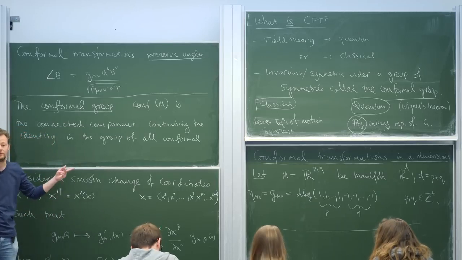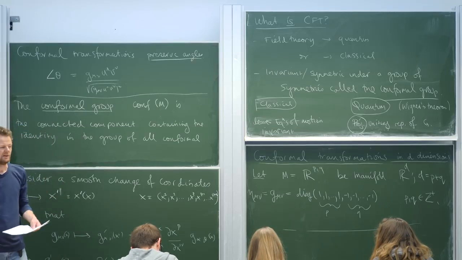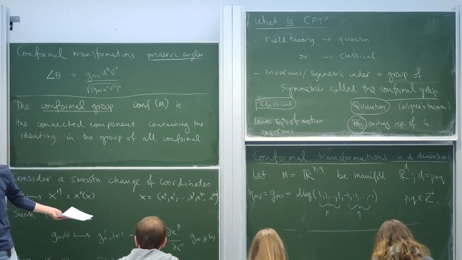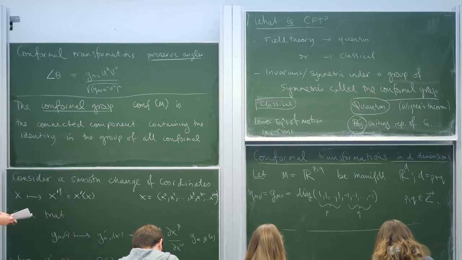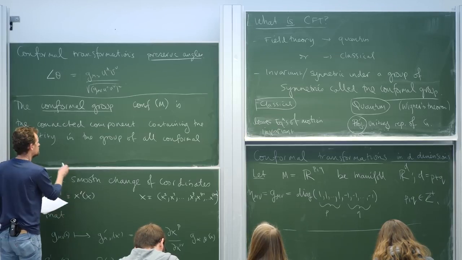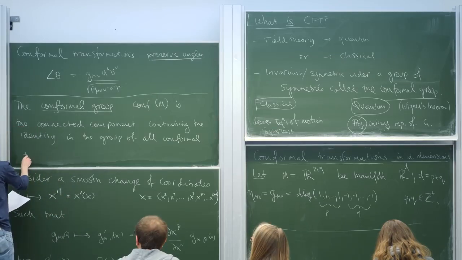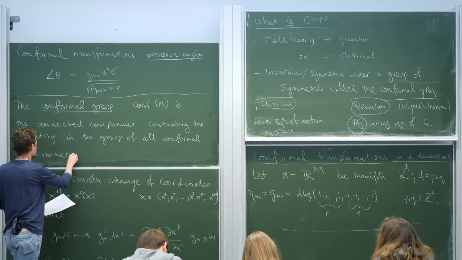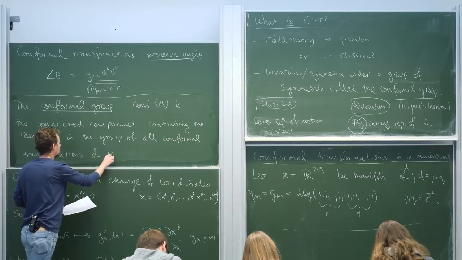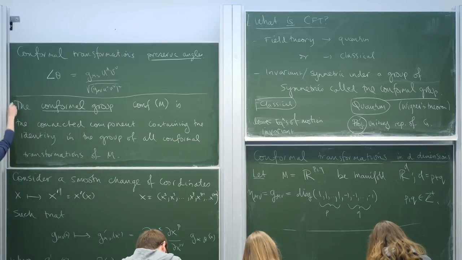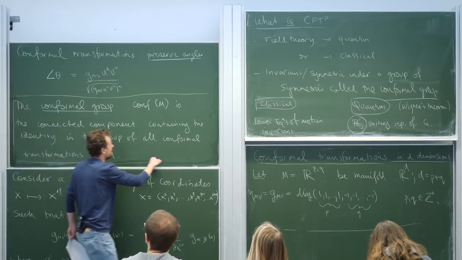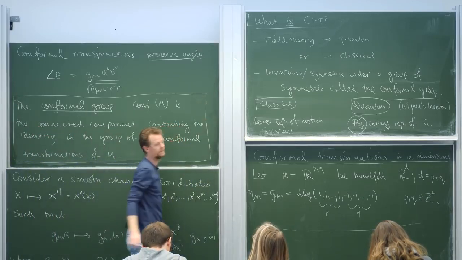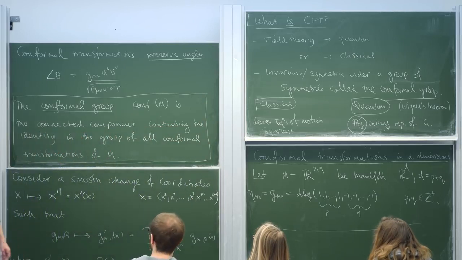The scale factor just gets flipped. They were by assumption smooth, so you don't have to worry about a smooth inverse. There we go. So this is it. That was pretty quick. Main definition for the course.